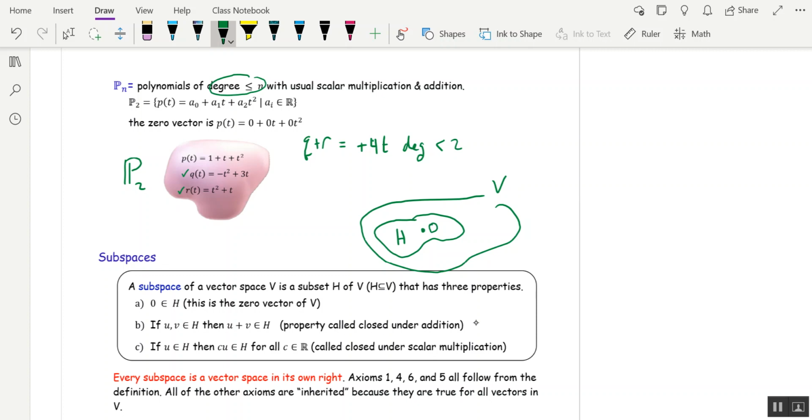H is closed under addition, which means if I take 2 vectors u and v in H, I know when I add them together, I stay inside V because V is a vector space.